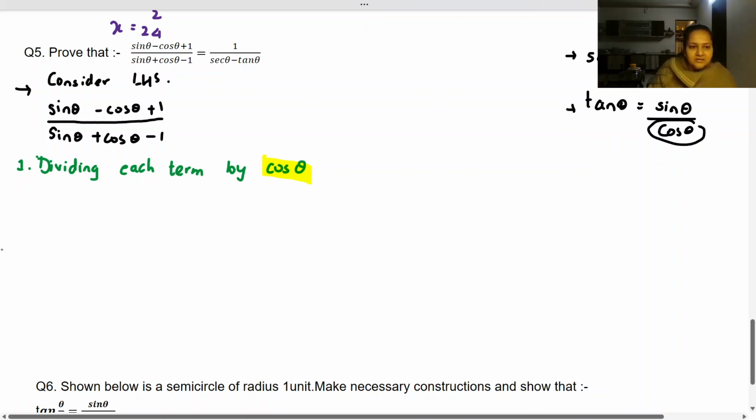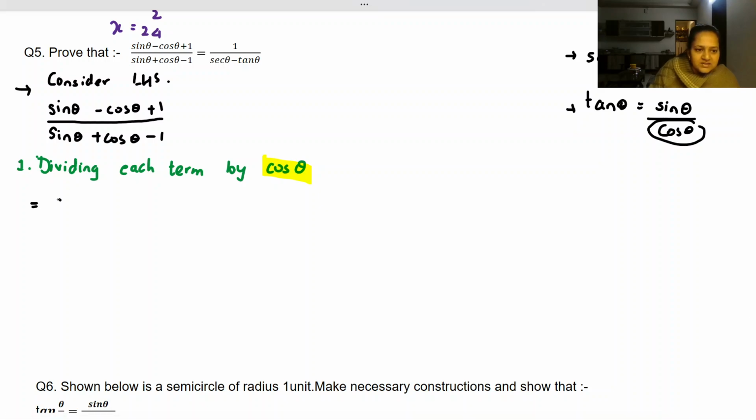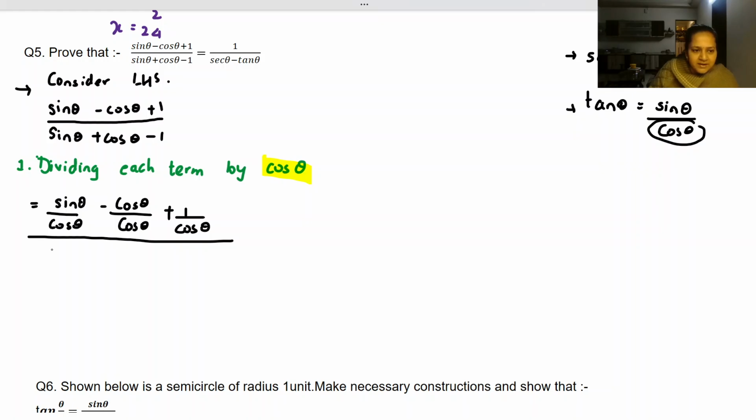Moving ahead. If I divide each term with cos, we are going to get sin θ upon cos θ minus cos θ upon cos θ plus 1 upon cos θ. And in the denominator, each term also we have to divide with cos θ.